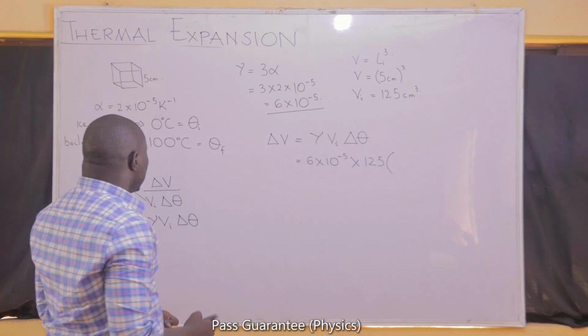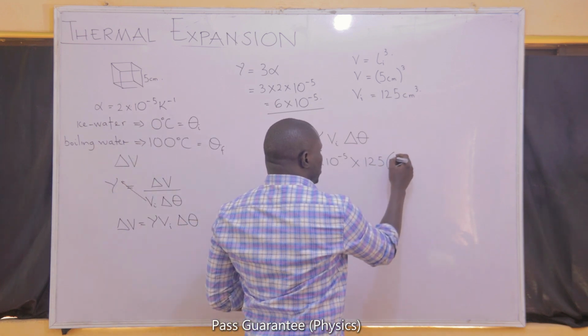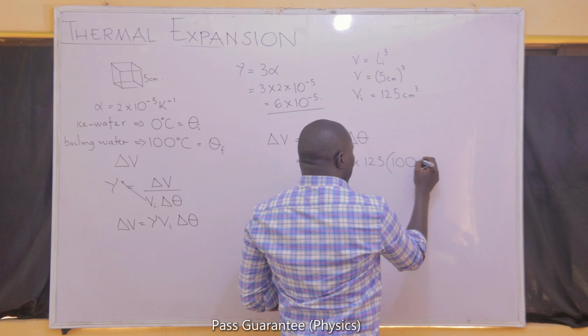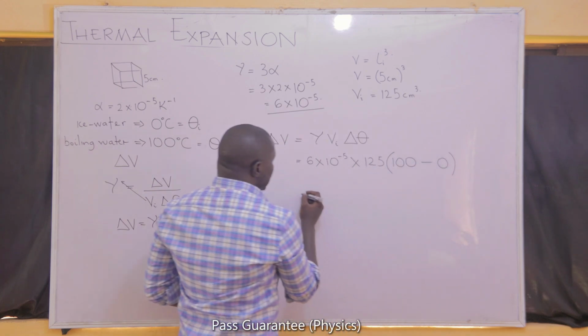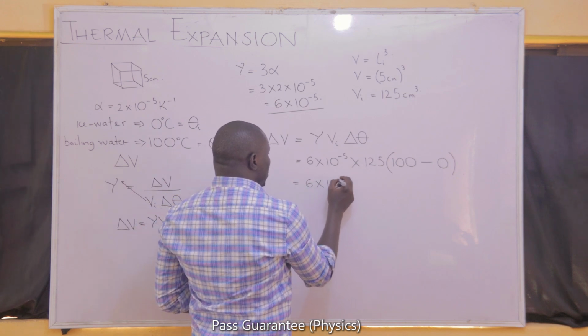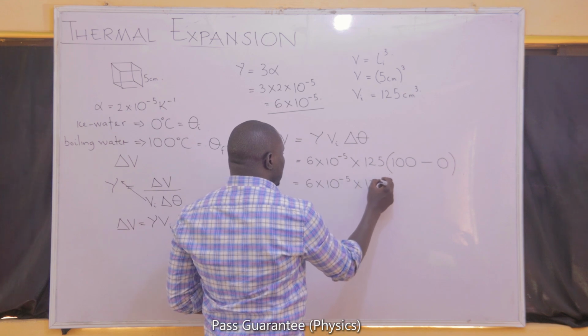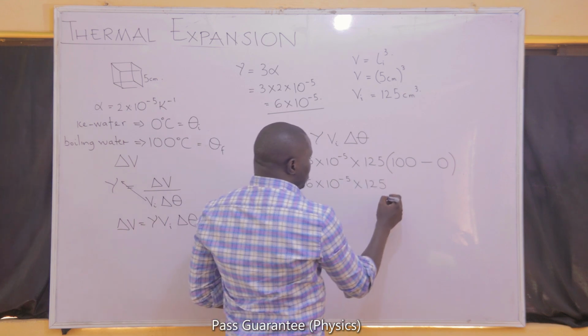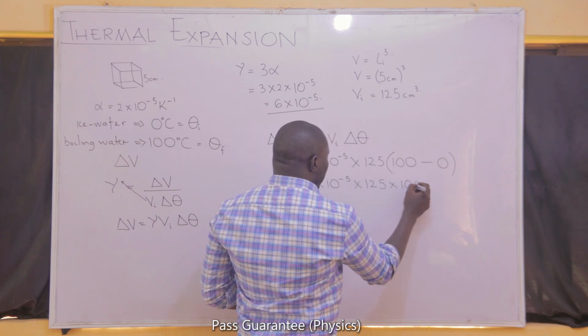The change in temperature in this case is 100 minus 0, that is the final temperature, 100 degrees Celsius, minus 0 degrees Celsius. So we should have 6 times 10 raised to the power minus 5 multiplied by 125 multiplied by 100 that we are going to get out of that bracket.